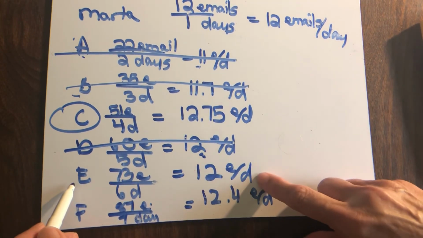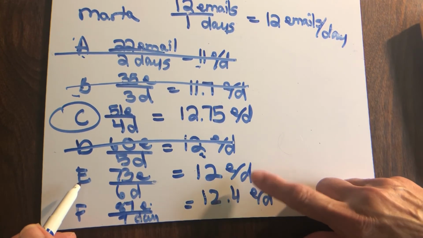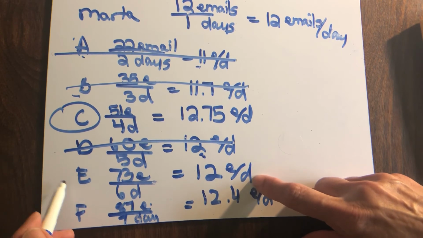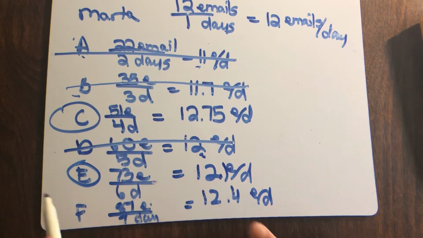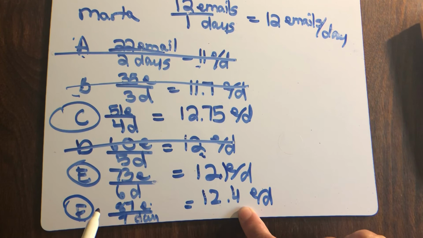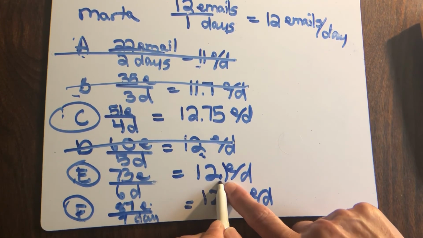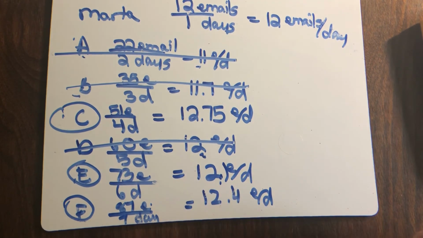What about this person? Well, I think I rounded that off, 12.1. So technically, I guess technically 12.1 is more than Marta. And what about 12.4? Yep. So my choices here are C, E, and F. So I have to be careful about what I round off. All right. So in the next video, I'm going to work just a few more problems.